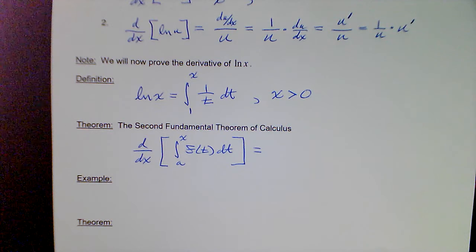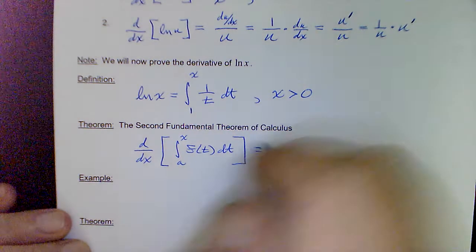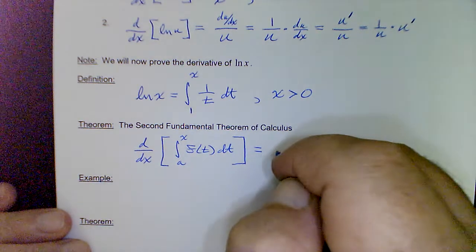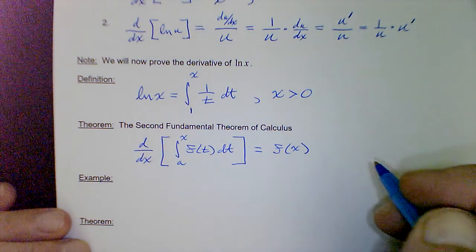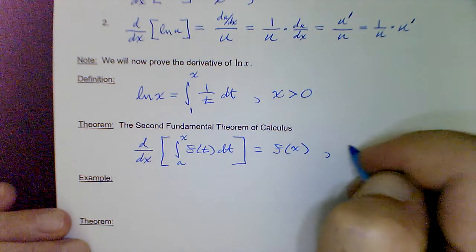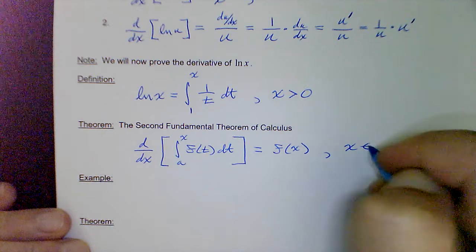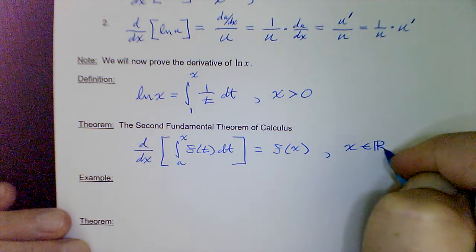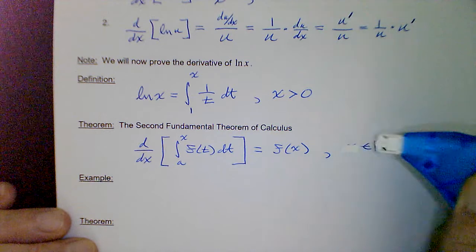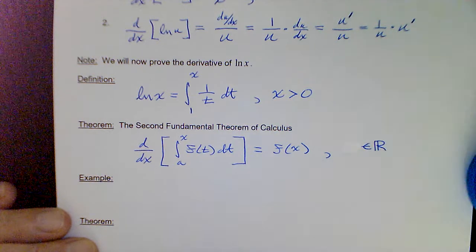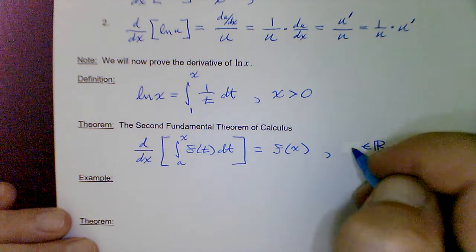If anybody wants to see the proof, I'd be more than happy to discuss it with you, but I'm going to omit the proof from the lecture. Turns out that this becomes the integrand f of t, but evaluated at x. And this is provided that a is an element of the reals. So you have to state that as well.